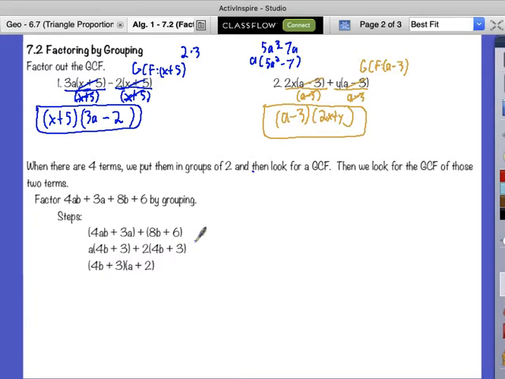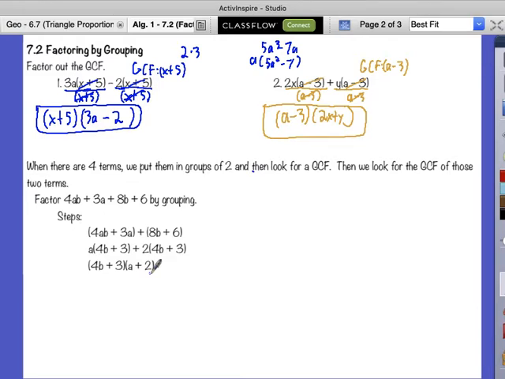Yeah, they both have that 4b plus 3 multiplying together. So now we do the same thing as where we finished off, where we take this 4b plus 3 and put our new GCF out in front. And then decide what goes inside the parenthesis. We take this first part and divide by 4b plus 3 and get a. Second part, the same thing, and we get 2.